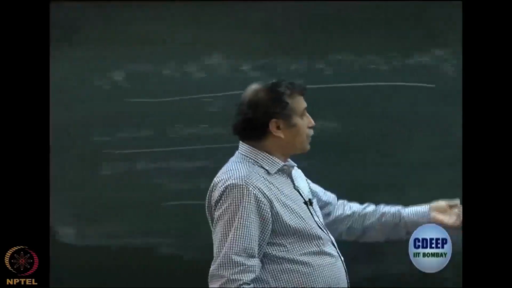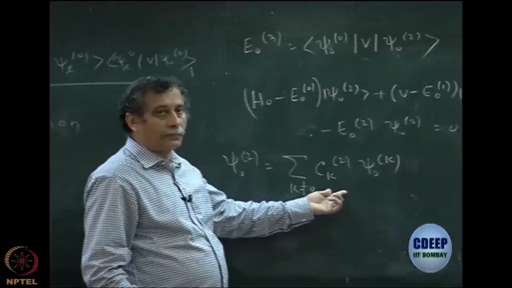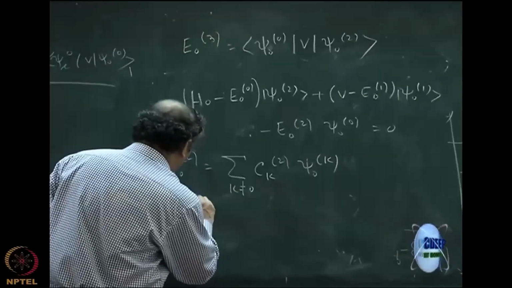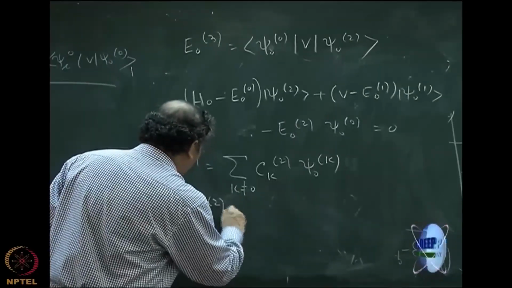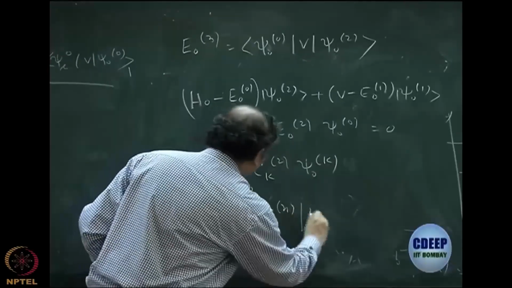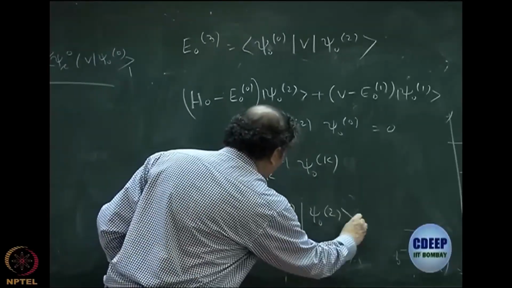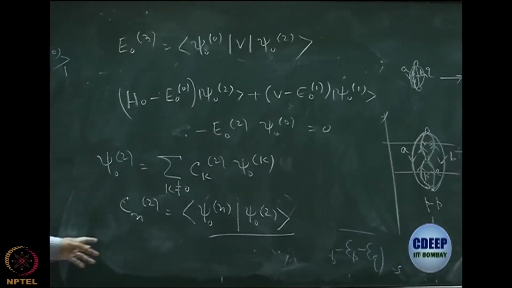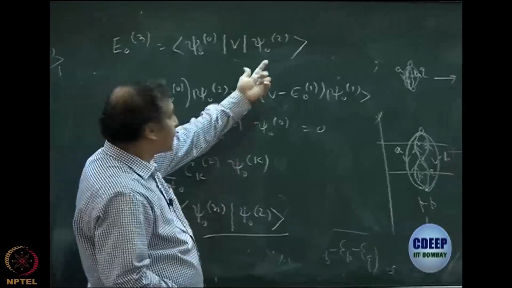So I have to find out this ck2, right? A specific cn2 is nothing but ⟨ψn0|ψ02⟩. So this is the matrix element that I have to find out. If I know this matrix element, then I know the entire expansion of ψ02.